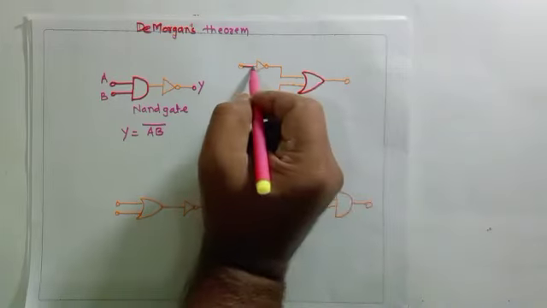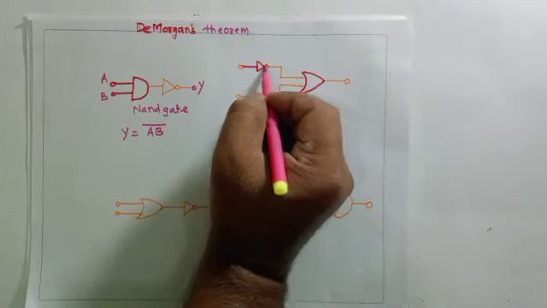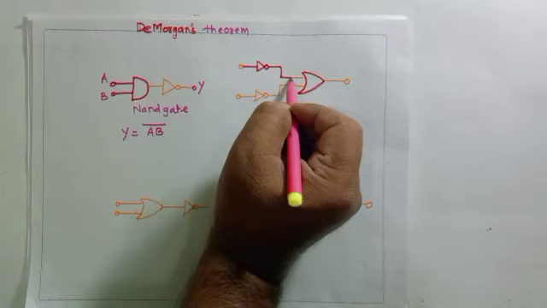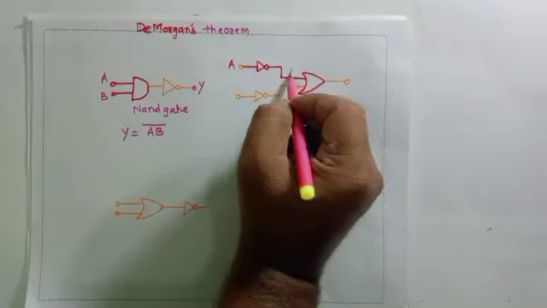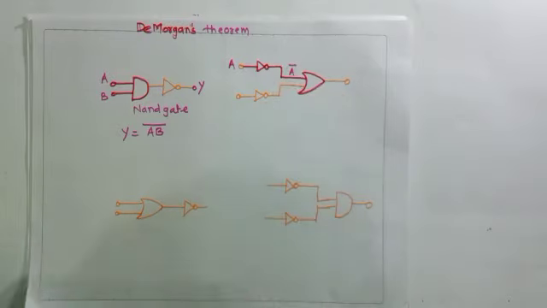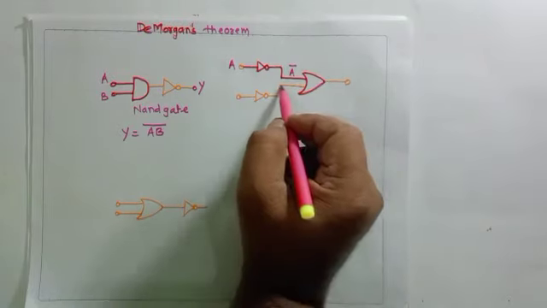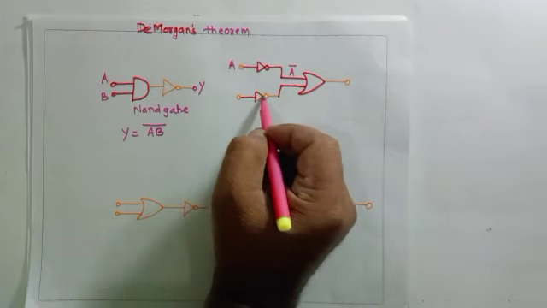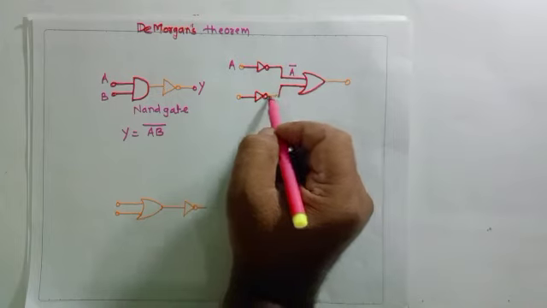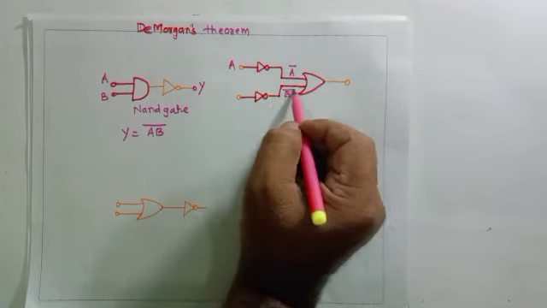The inputs of the OR gate are connected with NOT gates. If we see, this input is A, and the input becomes the complement of A because a NOT gate is connected. Here another input is also connected to a NOT gate, so it represents the complement of B.